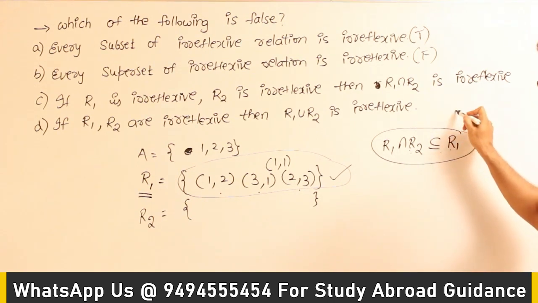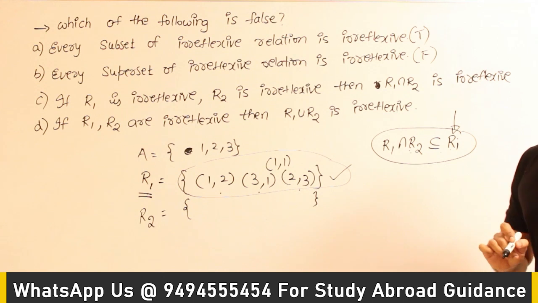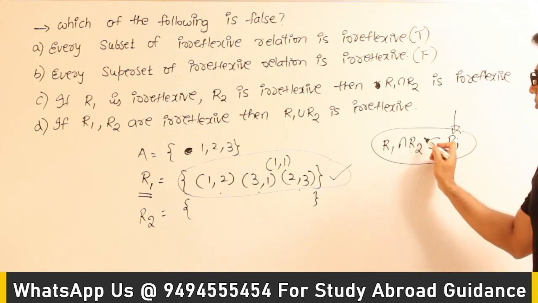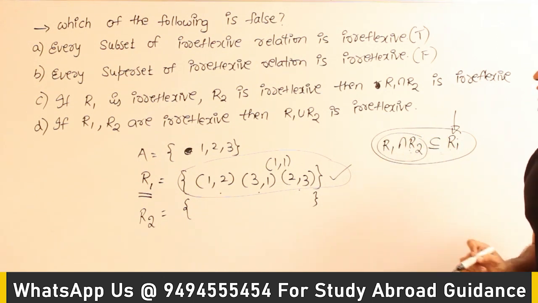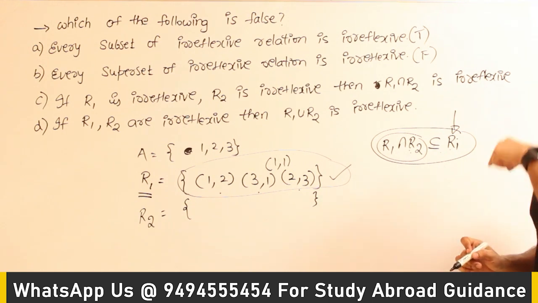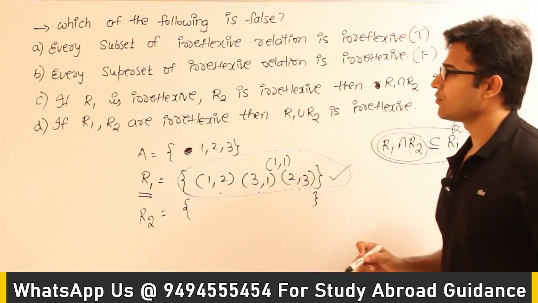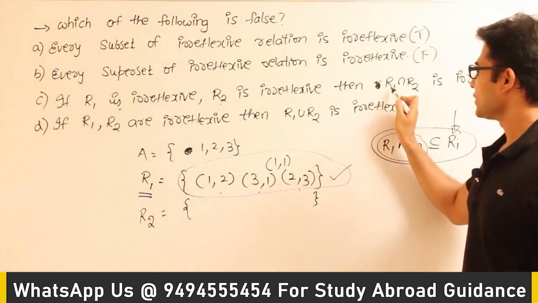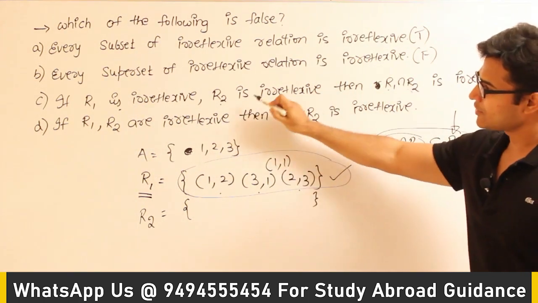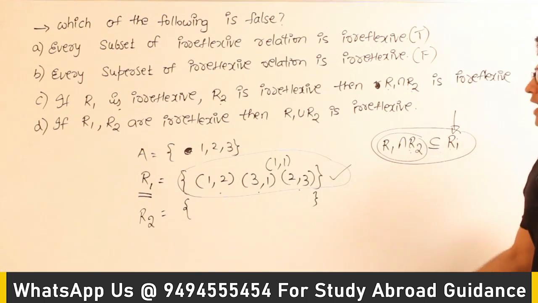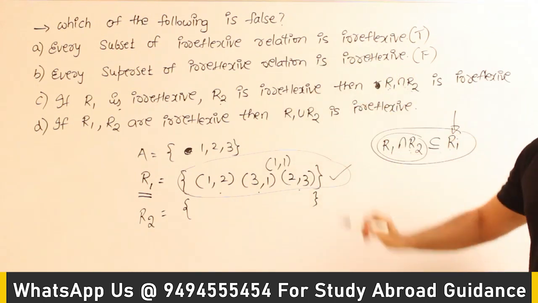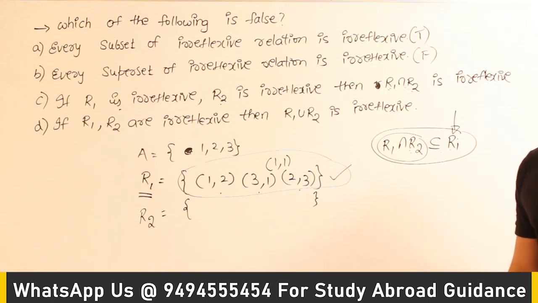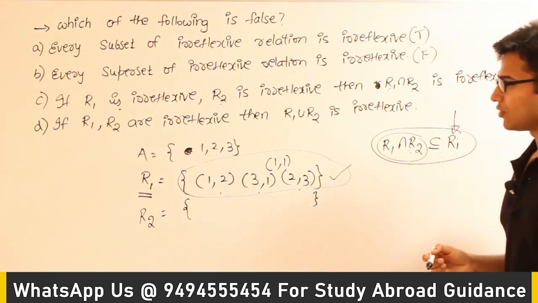Now we already know that R1 is irreflexive, and a subset of R1 is also going to be irreflexive. So if R1 is irreflexive and R2 is irreflexive, then R1 intersection R2 is going to be a subset of R1 or R2, and already we know that a subset of irreflexive set is going to be irreflexive. Therefore it is true. Now let's look at the fourth point.